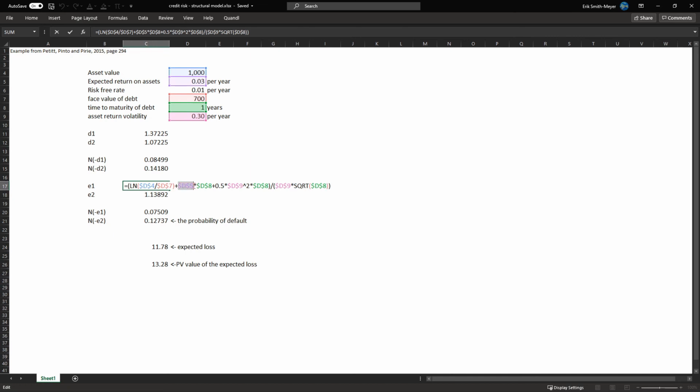This is calculated in a similar way as D2, and then we can get the probabilities that the standard normal distribution would return a number less than negative 1.43, and we have the same parameters for the norm.dist function to get the cumulative value.